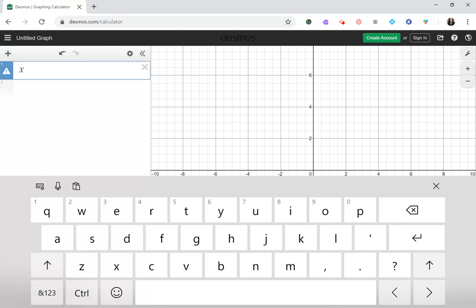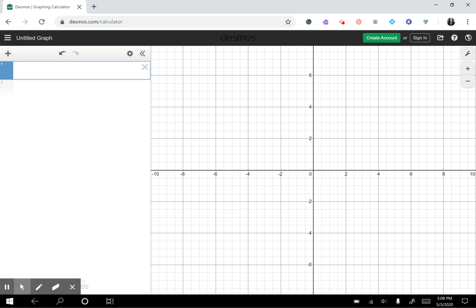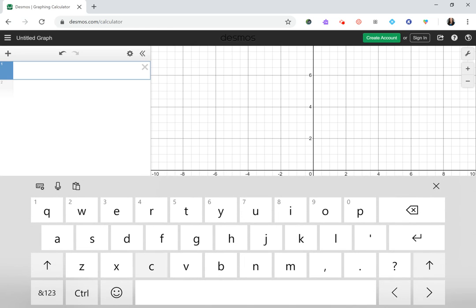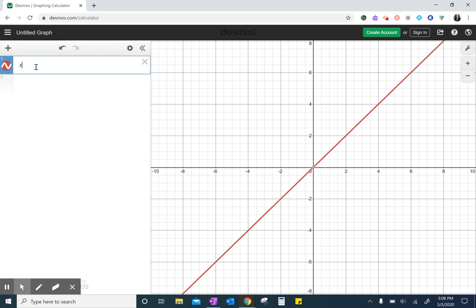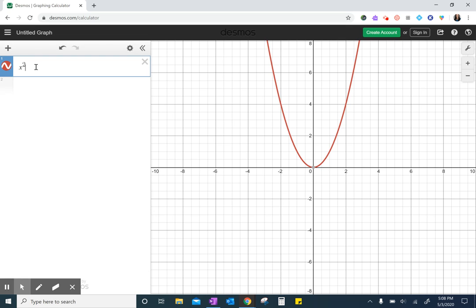It's much easier to type when I've got my keyboard on. So let me put my keyboard on real quick. All right, okay, x squared minus 7.